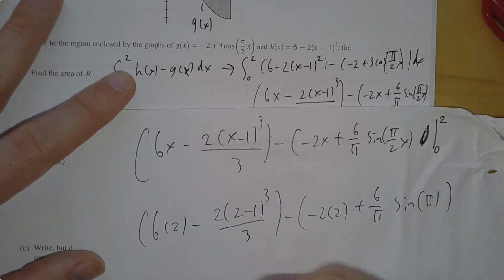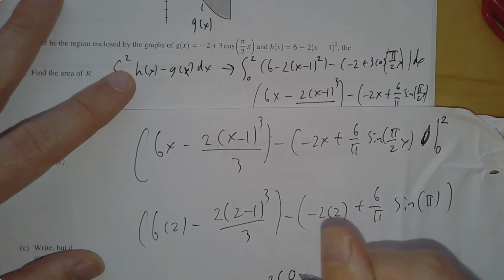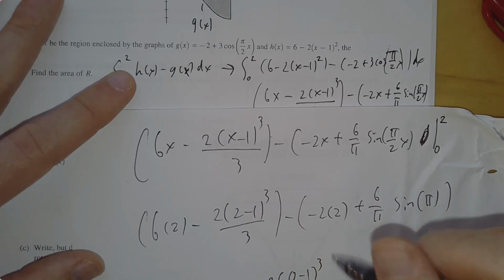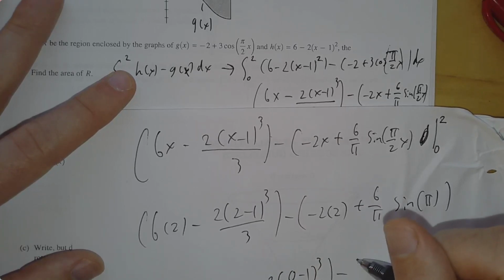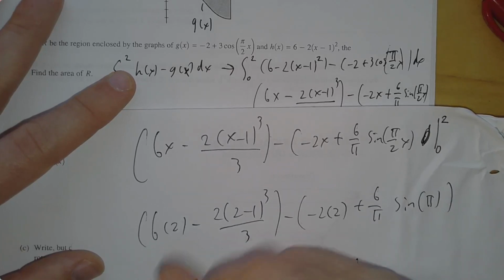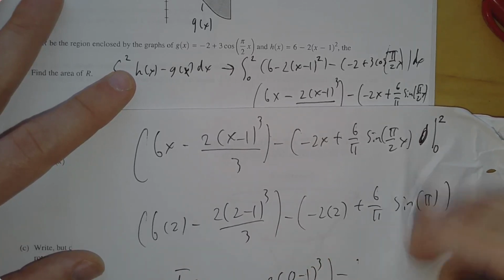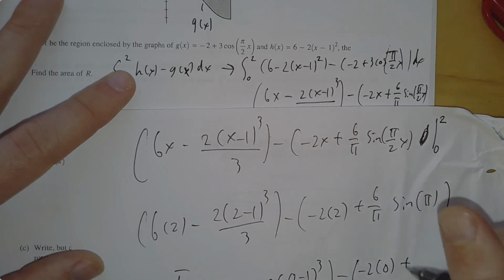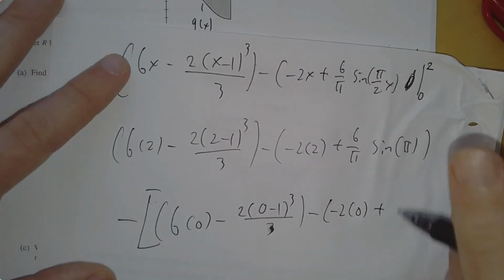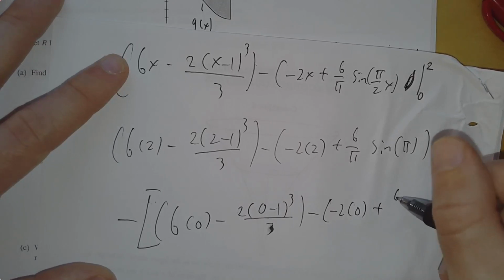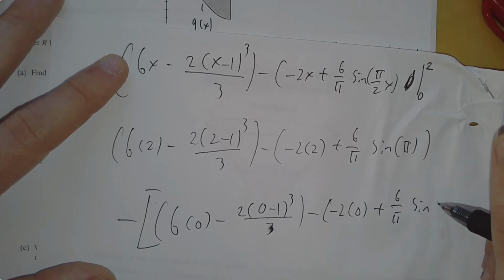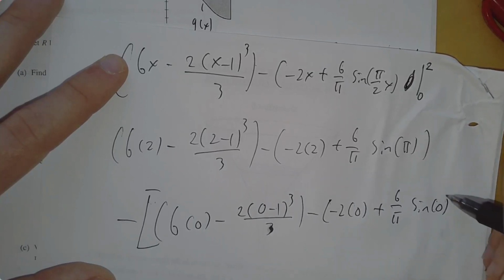Minus, then plug in a 0, so it's going to be 6 times 0 minus (2 times 0 minus 1) to the third over 3, minus, this is also all in a big bracket, negative 2 times 0 plus 6 over pi sine 0. Done.